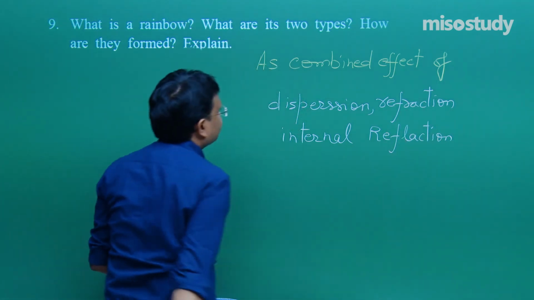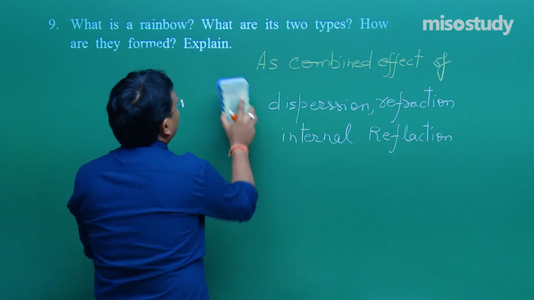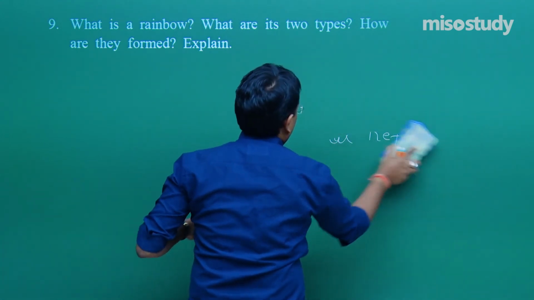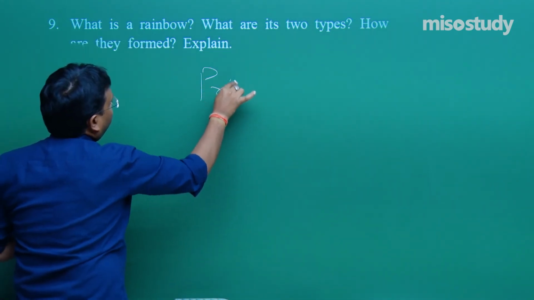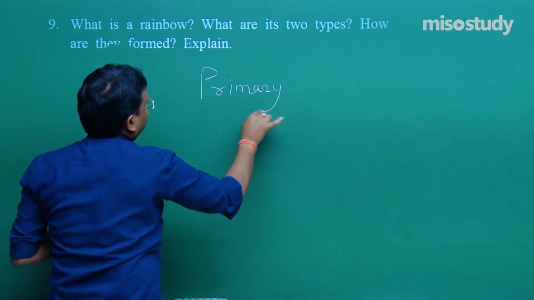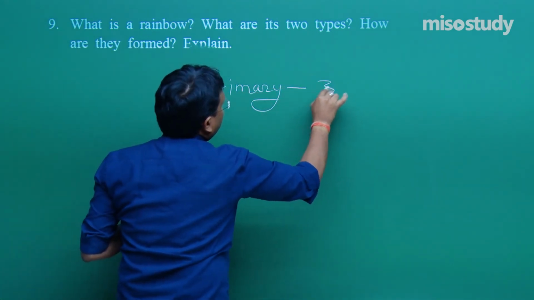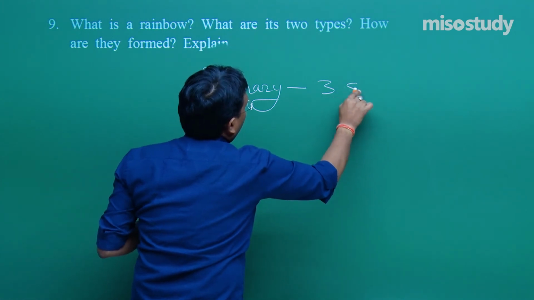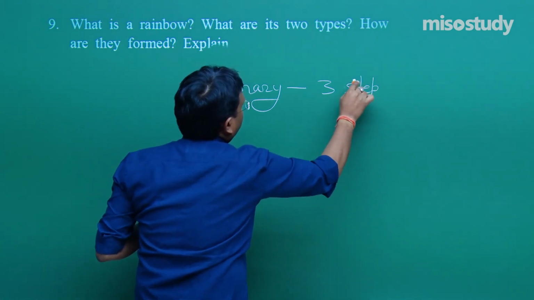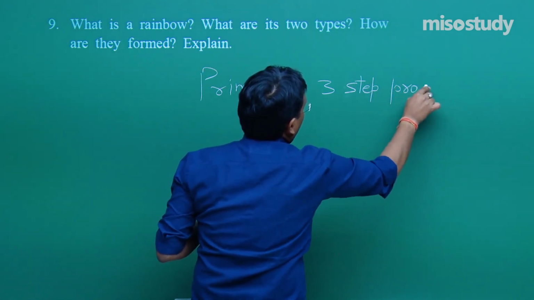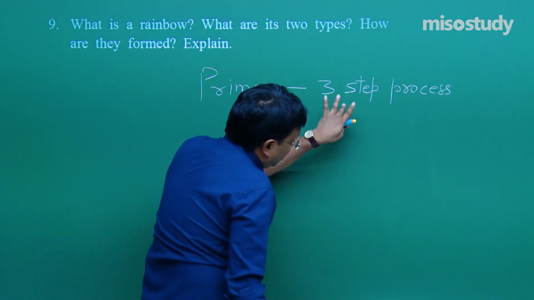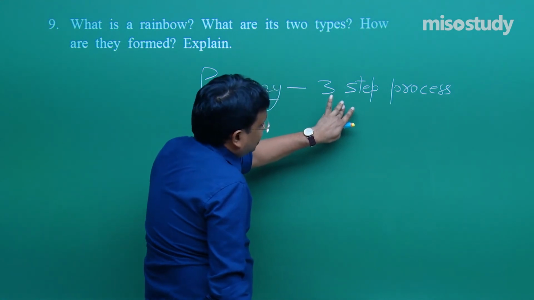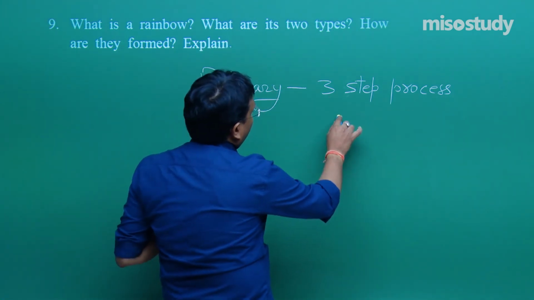Okay. Now what are 2 types? So one is primary rainbow, a 3-step process. And what are those 3 steps? Number 1 is refraction with dispersion.